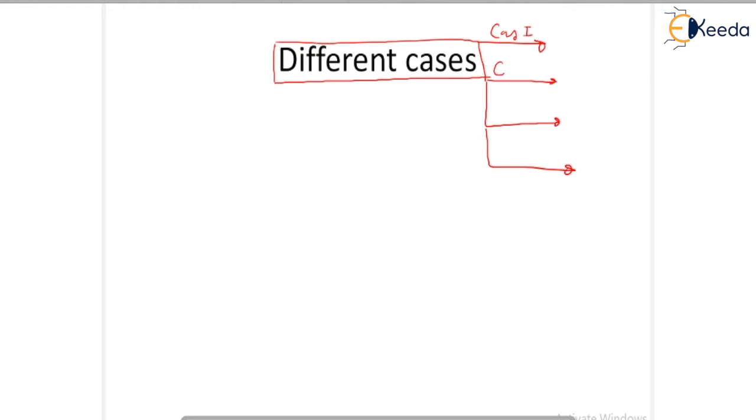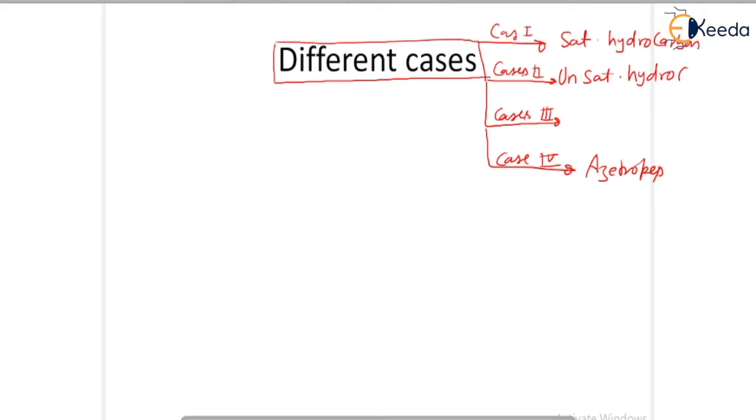The first case is that the refrigerants are saturated hydrocarbons. The second case is unsaturated hydrocarbons, the third case is inorganic compounds, and the fourth case is azeotropes.